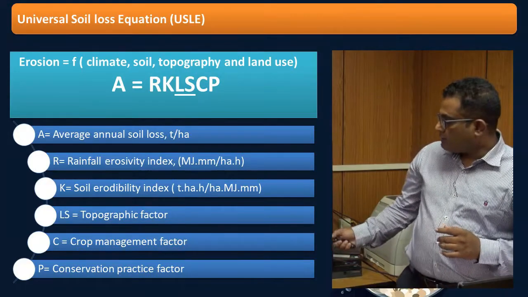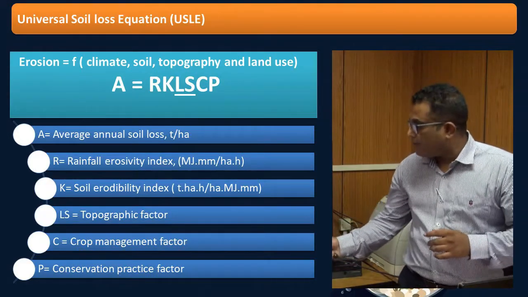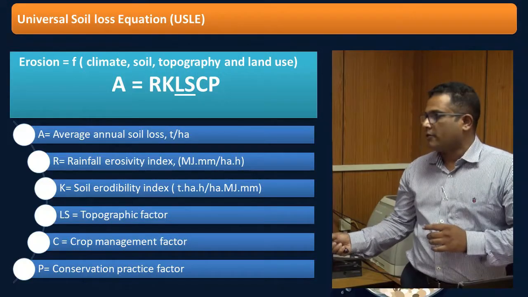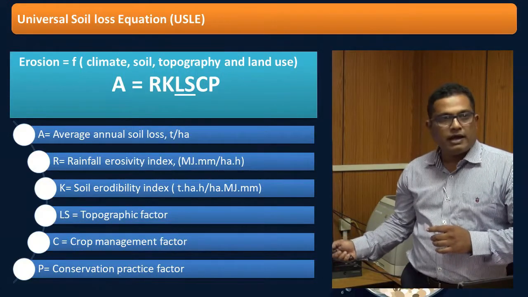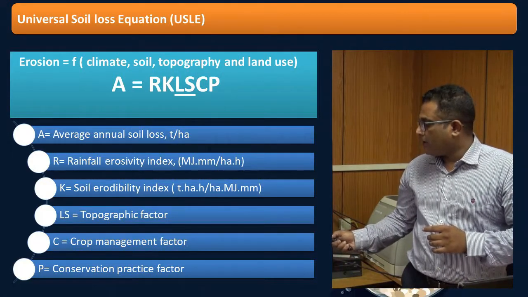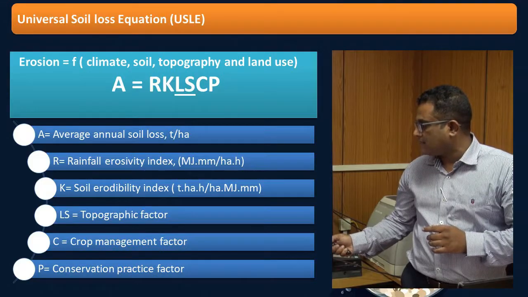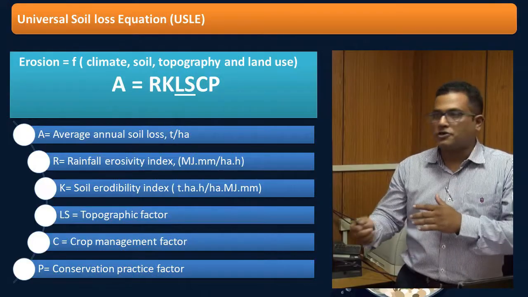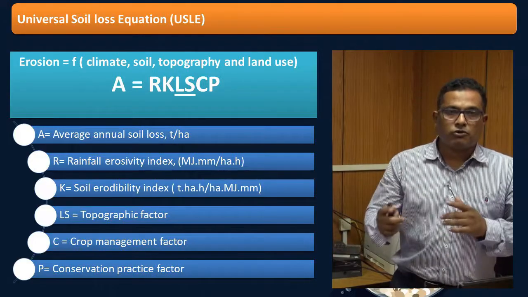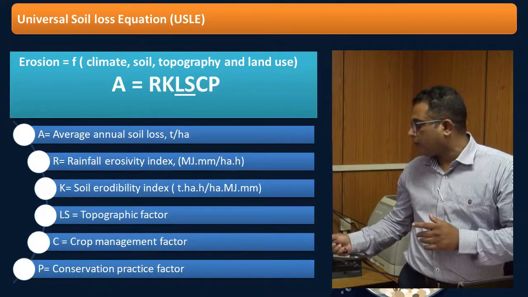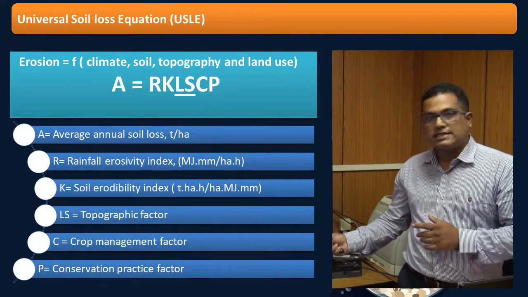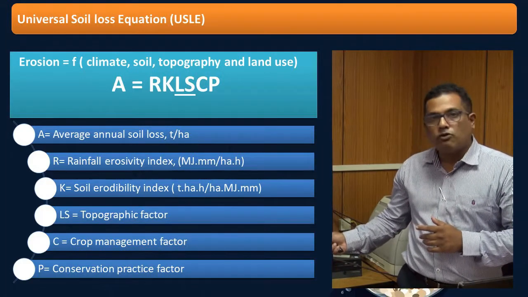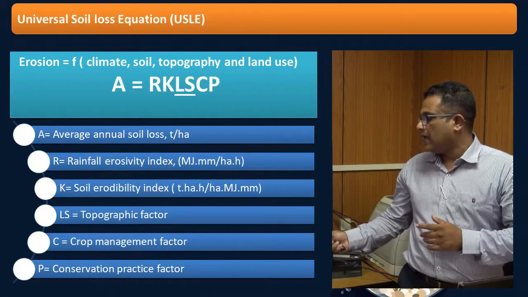So since this A is directly proportional to all these components R, K, L, S, C, P, if the value of LSCP is less, that means the rate of soil erosion according to this estimation would be less. So it would always be desirable to have less value for P, less value for C, less value for LSCP.